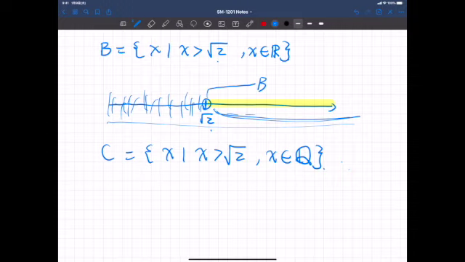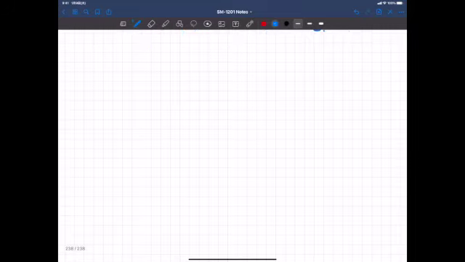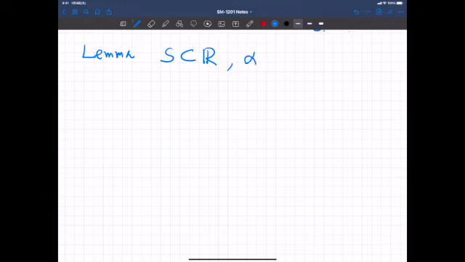And now, the next lemma should be quite trivial. Okay, lemma. Let's say S is a subset of real numbers, and alpha, let's call it A. A is a real number. Okay.